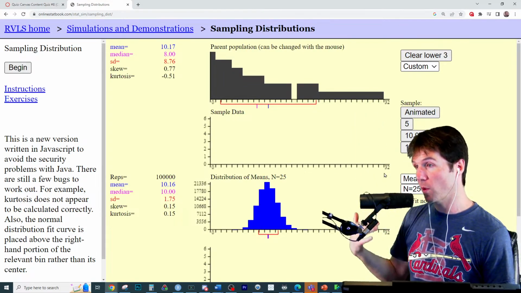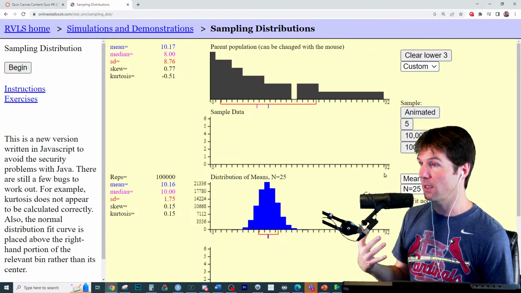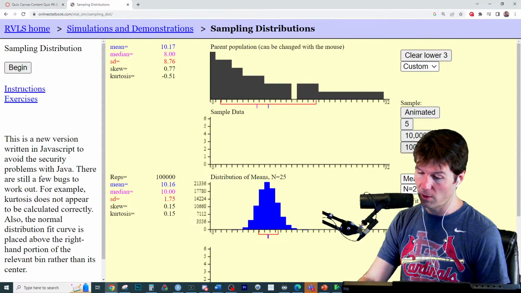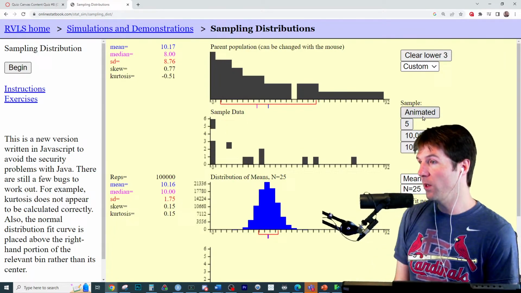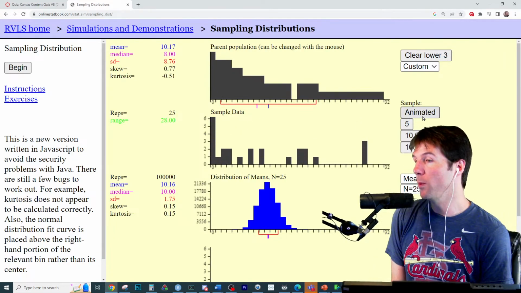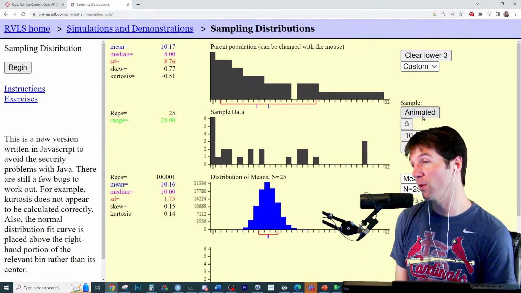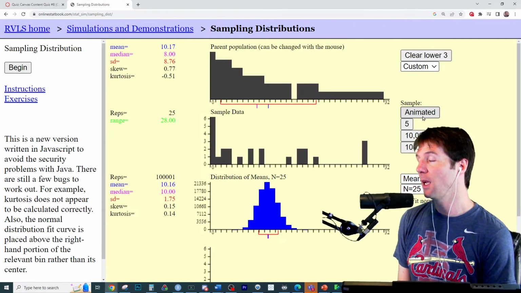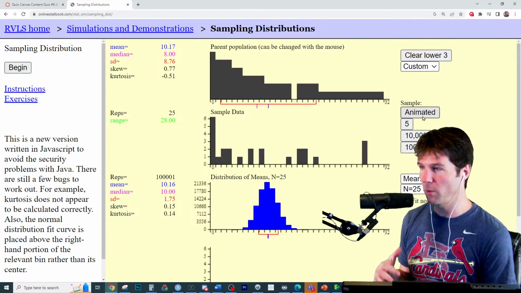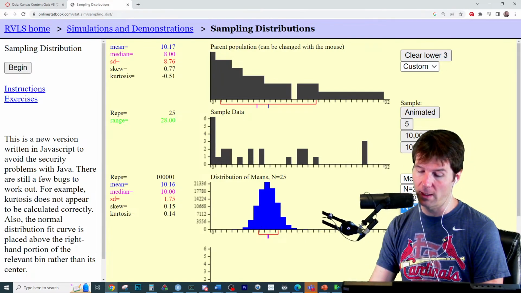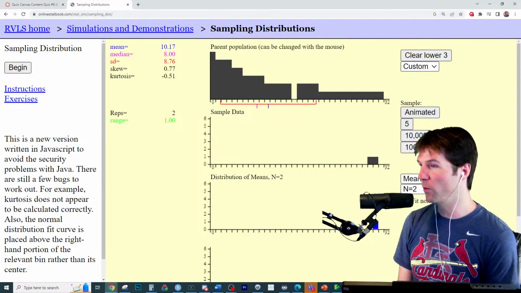So we could infer from a sample data set, and if we take a look right here, if we were to animate this, if we only had the sample data, we might be able to infer that it looks like the parent population is heavily skewed, but we don't know the parent population is heavily skewed. Especially for a smaller sample size, that would be a little bit iffy. Like if we only had 2 data points, we really wouldn't know this.